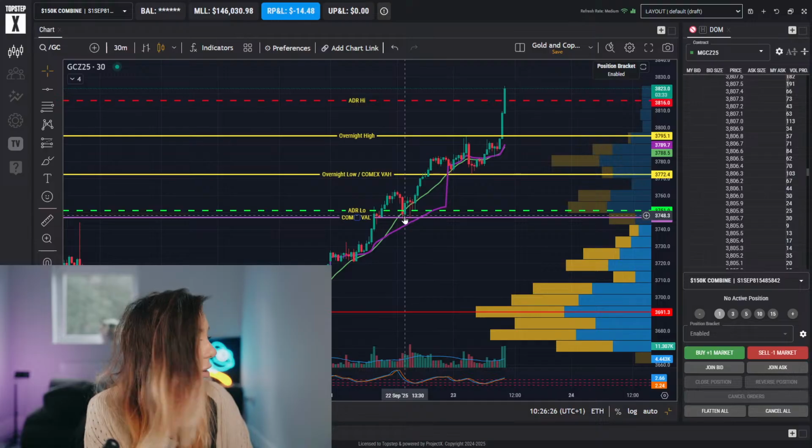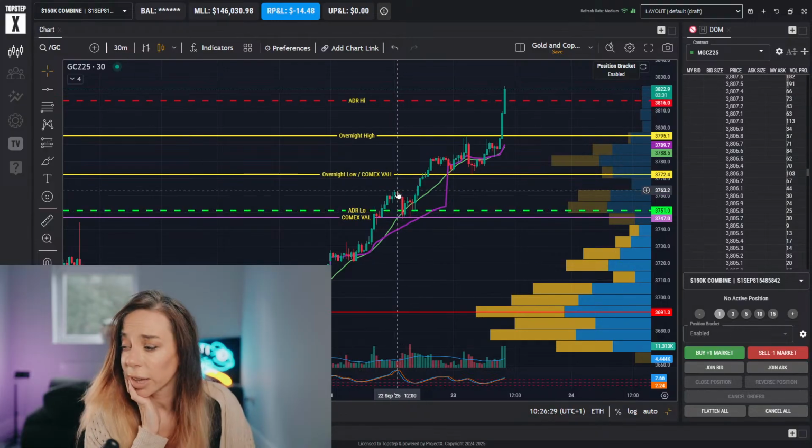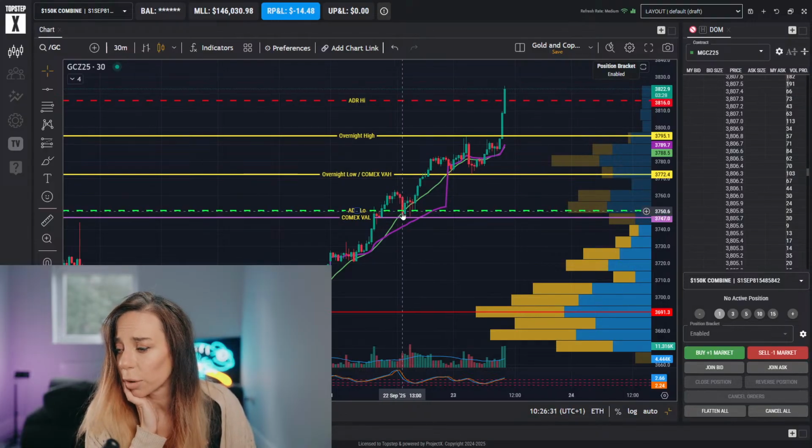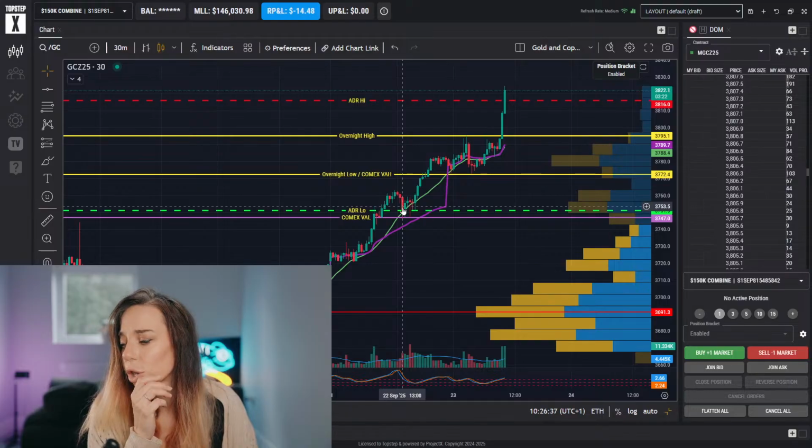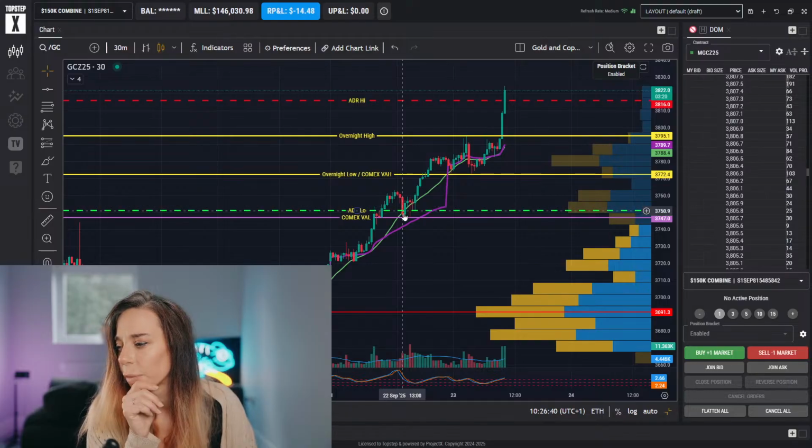Was that yesterday? Yeah. And then it did do a little bit of a pullback. So remember, I was looking for shorts. And it did pull back a little bit, literally just after the stream was done. And then it started going up.